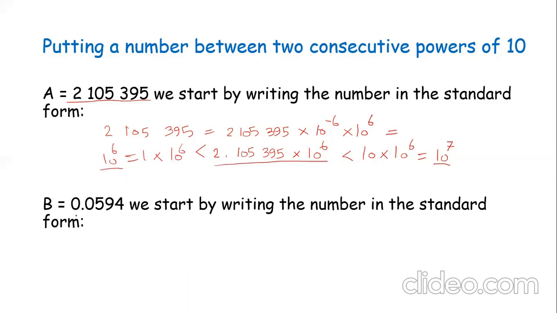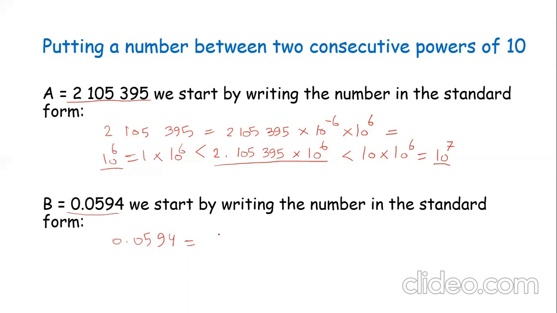We take another example. We have this number 0.0594. We rewrite this number in the standard form by multiplying by 10 to the power of 2 and again by 10 to the power of minus 2, since we want to move the decimal point 2 places to fall on the right of 5.